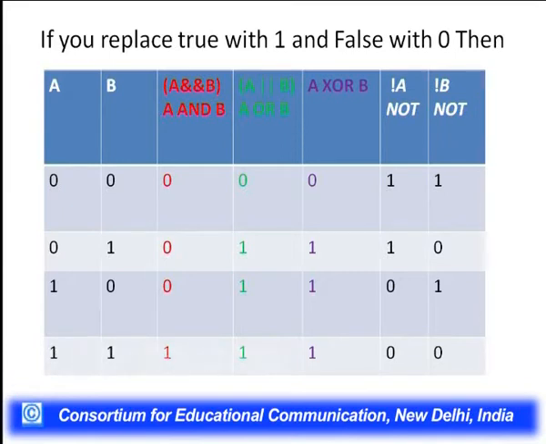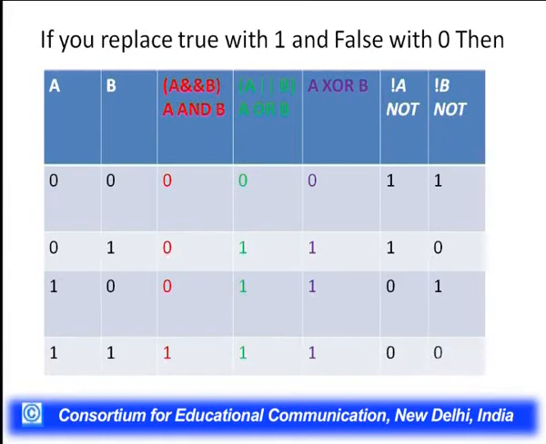If A and B are 0 and you apply the OR operator, then A or B is 0. If we apply XOR on A and B while A is 0, B is 0, then the result is 0. In the case of NOT, A is 0 means NOT A is 1, B is 0, applying the NOT operator, then 1.